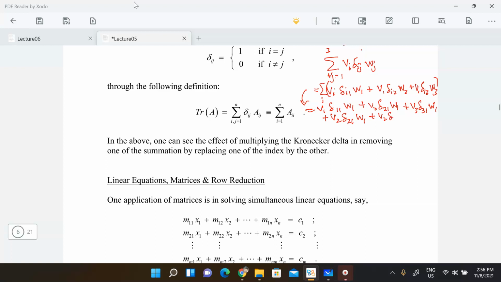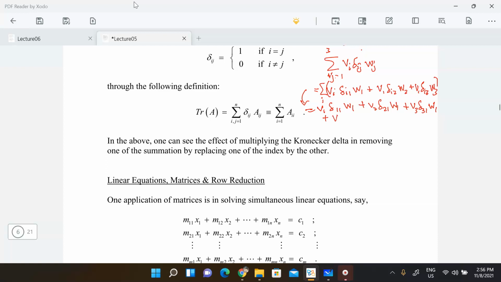Where am I? I'm getting confused now. I here 1, 2, 3. This is with respect to that. So I need the same thing over here. Sorry, should have done that. So I should have i equals 1 again over here.